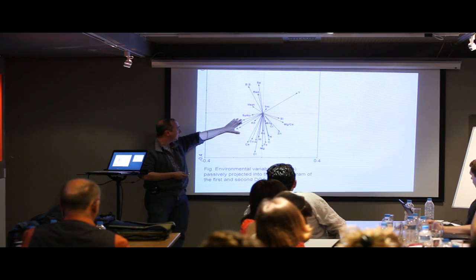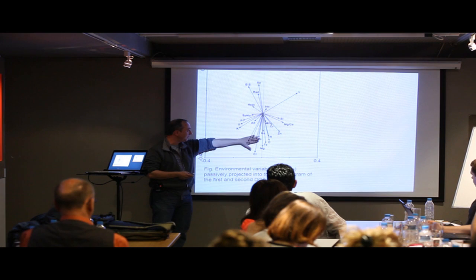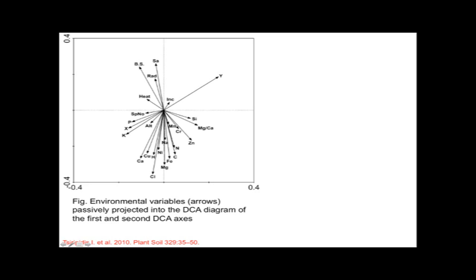And here are the explanatory variables we have used, passively projected in the space of the first 2 DCA axes.